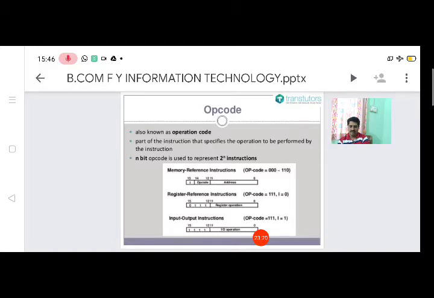The OP code is a part of an instruction word that is interpreted by a processor, representing an operation to perform, such as read, write, jump, add.